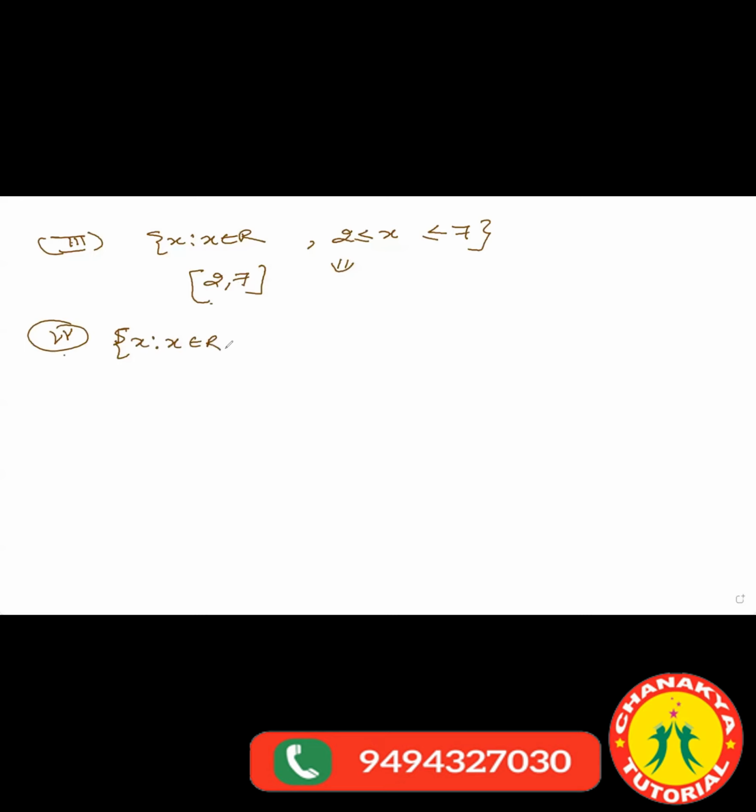x such that x belongs to real numbers and 0 less than or equal to x less than 3. Write your answer, hurry up. Is it closed or open? Closed.